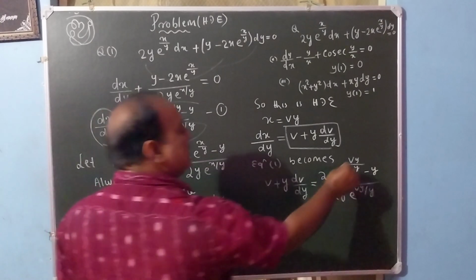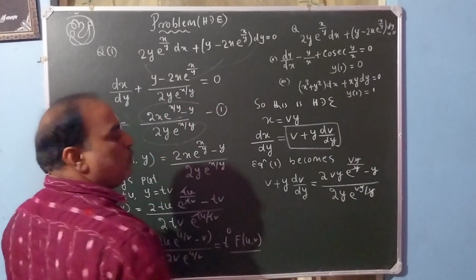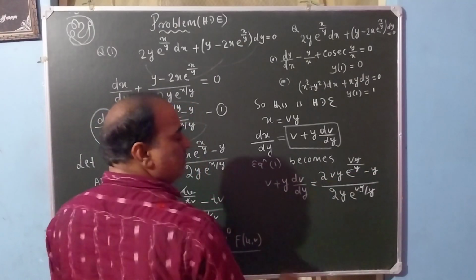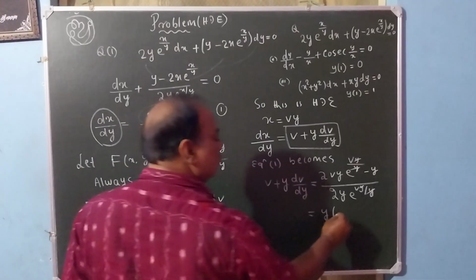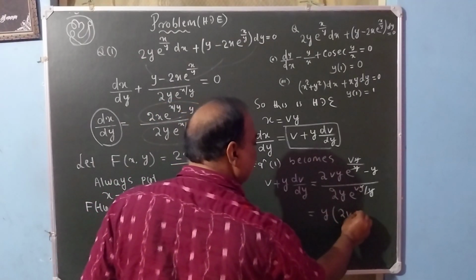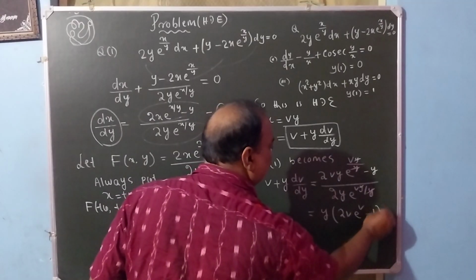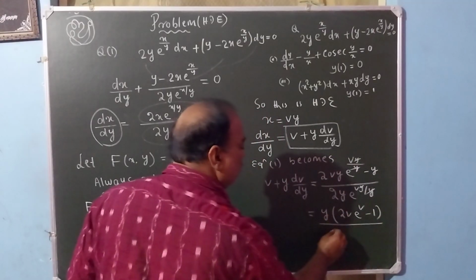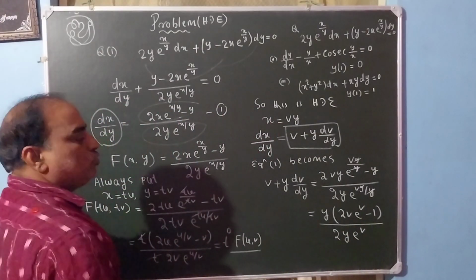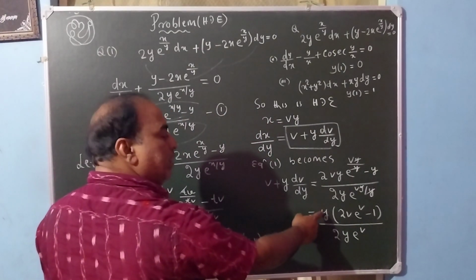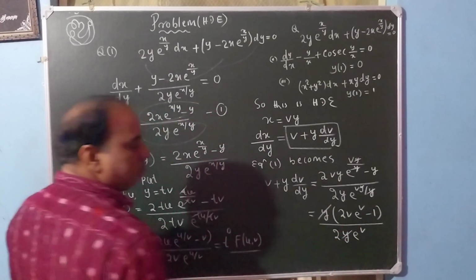So this y is cancelled. Taking y common from the numerator, we get y (2v e to the power v minus 1) divided by 2y e to the power v. The y in numerator and denominator cancel each other.